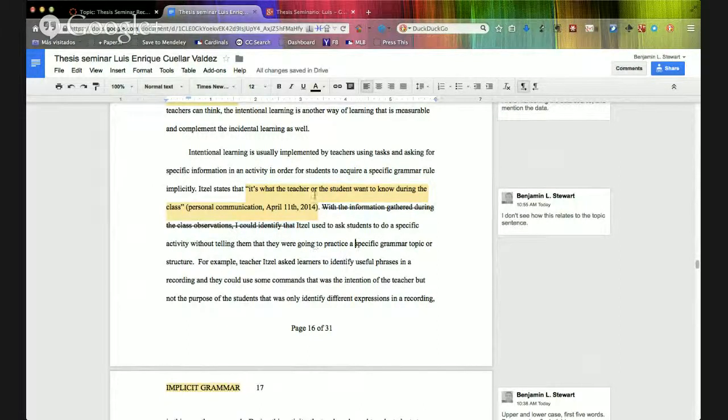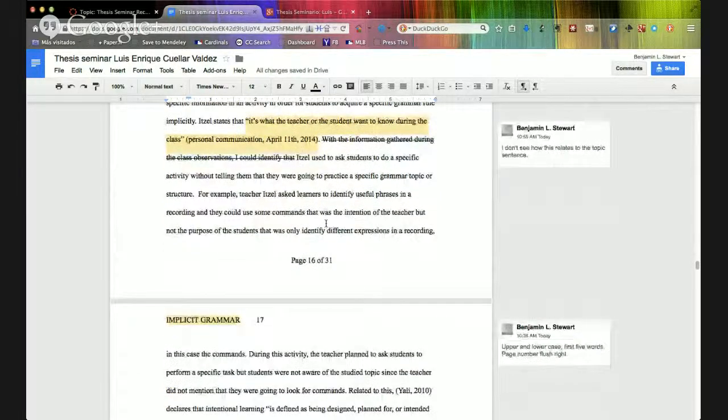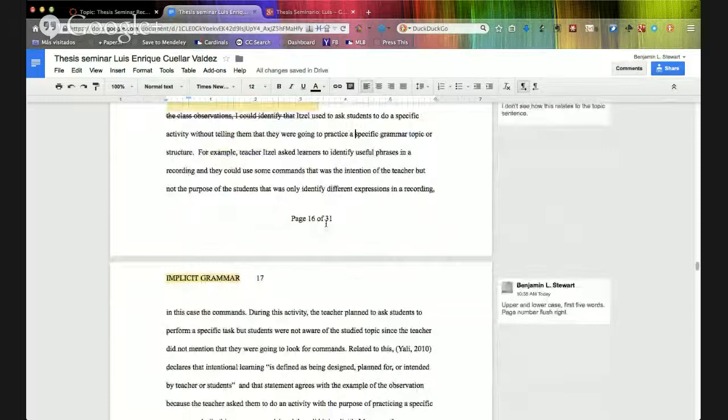Okay, this makes sense to me here, but I'm not sure about this. I don't know, a different quote or a quote that has a bit more context, or say something before this just to set it up. During this activity, the teacher planned to ask students.